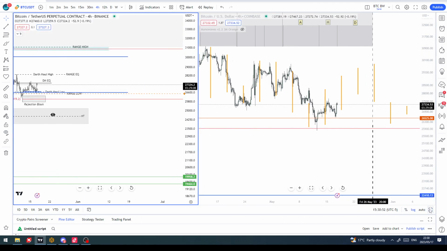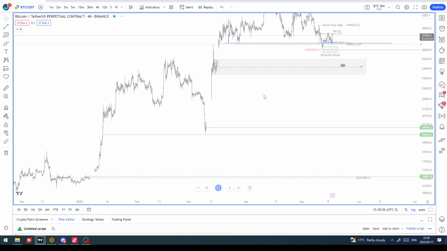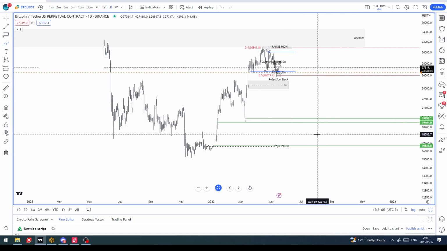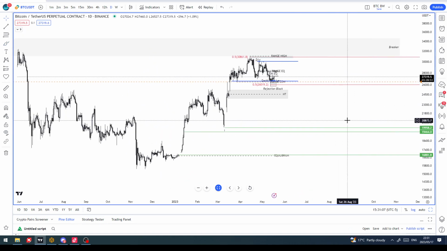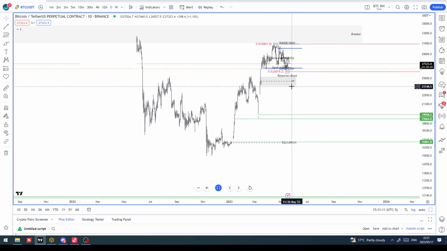Right. So I've been looking at BTC here on a higher time frame. Although there's the stuff here that we spoke about, that we'd like to come back down here first and then go higher, or maybe even go lower first, then come higher.